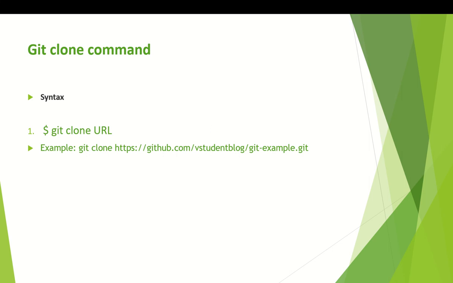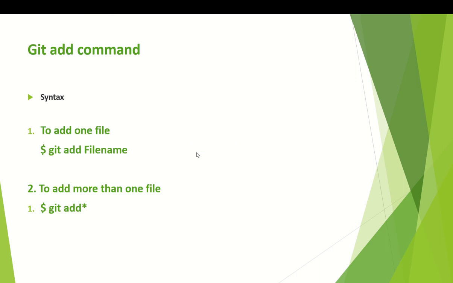The next slide is the git add command. This command is used to add one or more files to the staging area, that is the indexing area. To add one file, we run the command git add followed by the file name, for example git add main.java.